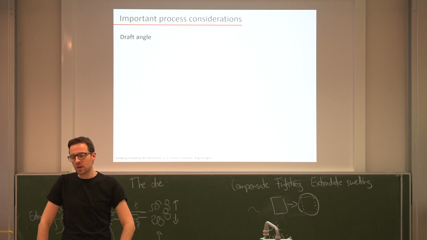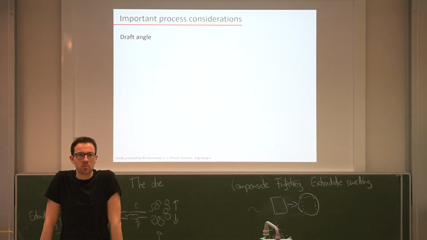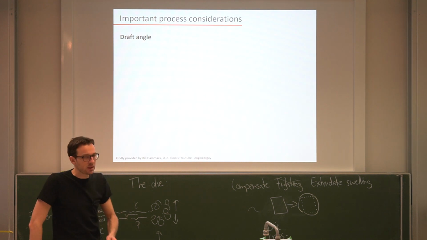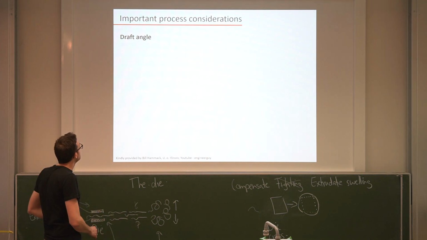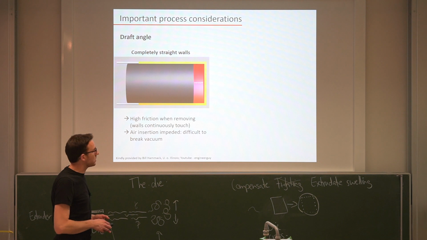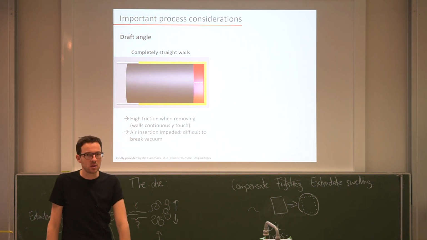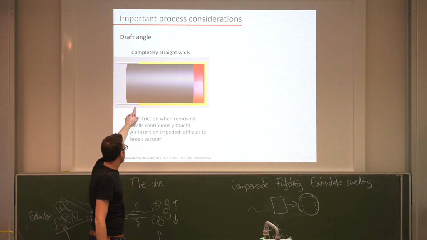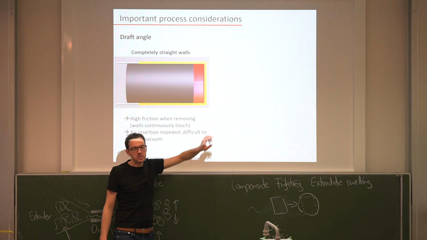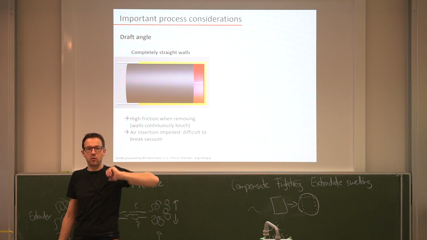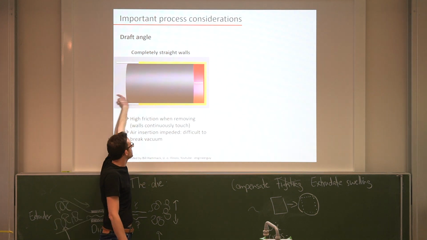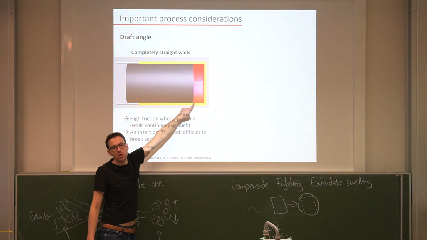Okay, similarly, there's another complication, and that complication is known as the draft angle. And this can be fairly easily explained by the following consideration. Let's say you want to make a bucket, and if the bucket has perfectly straight walls, as you try to move out your mold in this direction, you suck a vacuum here.